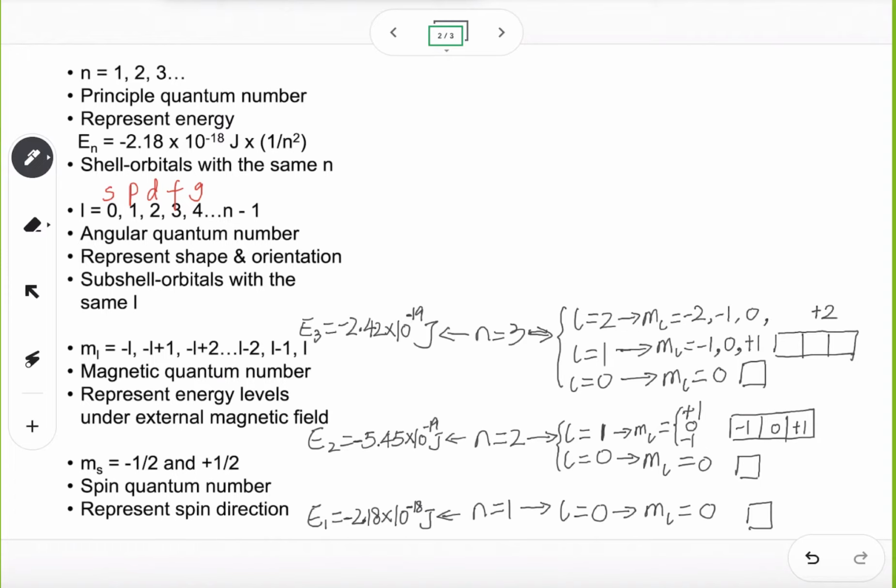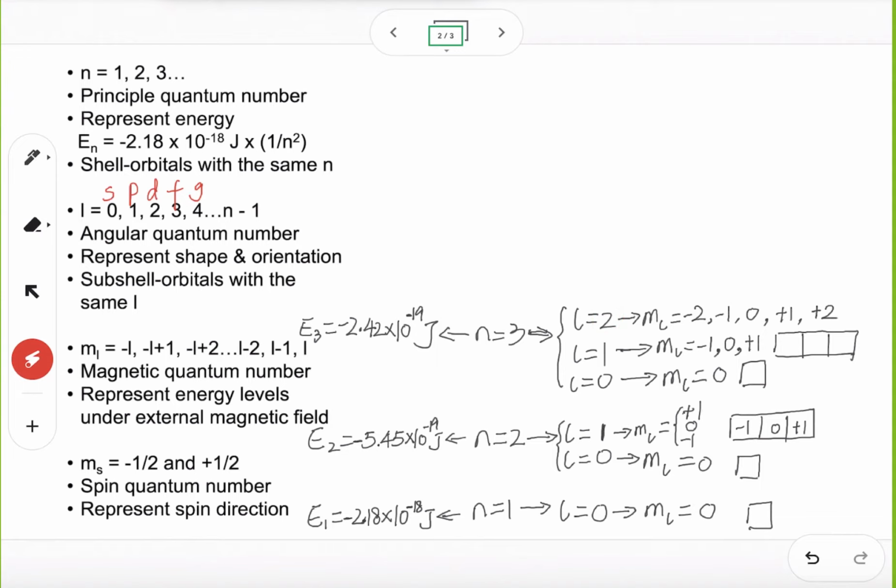Now the next value would be -L plus 3. For L equals to 2, that's going to be -2 plus 3, +1. The next thing that you should do is -L plus 4. -2 plus 4 is going to be +2.